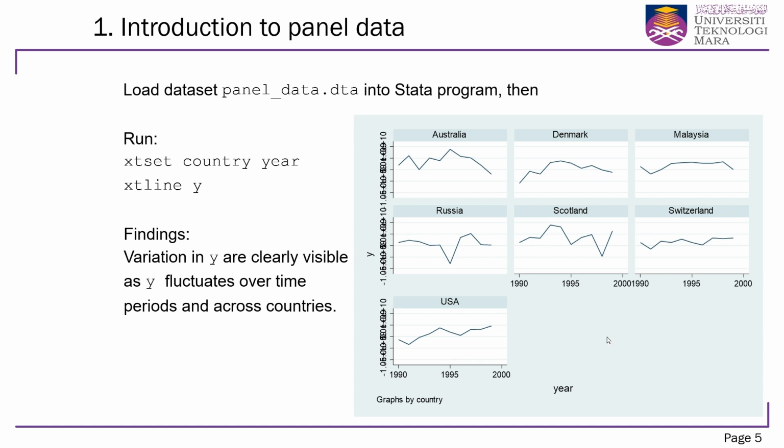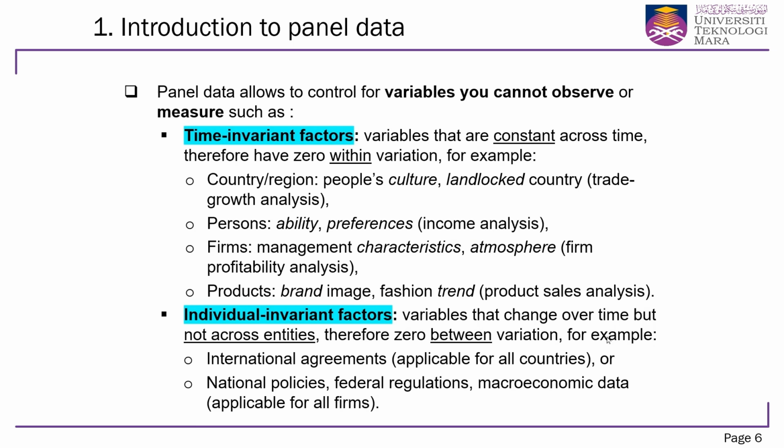So going back to our sources of variation in panel data, remember I mentioned earlier about the unique characteristics belonging to the cross-sectional units. When we collect data across different countries and different time periods, there will be a unique characteristic belonging to any particular country that we don't observe, but is present in our data.